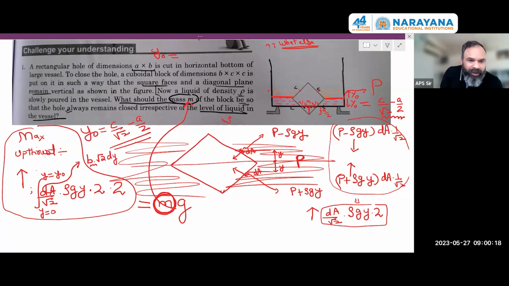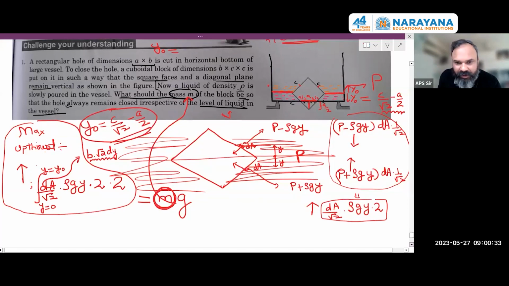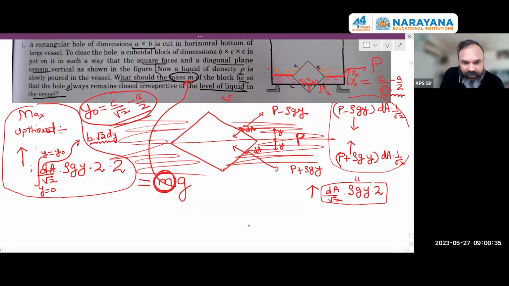dA, you are going to write as b root 2 dy. Rest everything is known to you. The density of the liquid is there. Everything is fine, and you have to integrate it from 0 to y naught, and y naught is c by root 2 minus a by 2. Just substitute the values and you'll get your answer. To summarize the problem, g is getting cancelled.